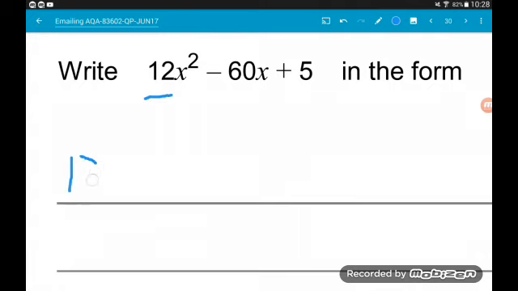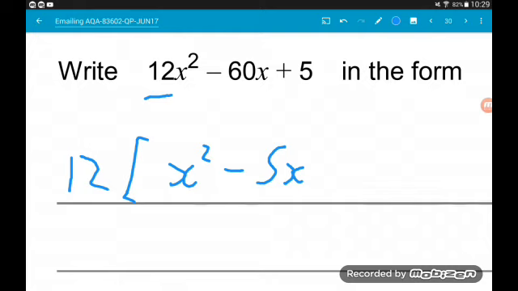So we can write this as 12 lots of x squared minus 60x divided by 12 is minus 5x, and then 5 divided by 12 is 5 twelfths. I like that. Good times.